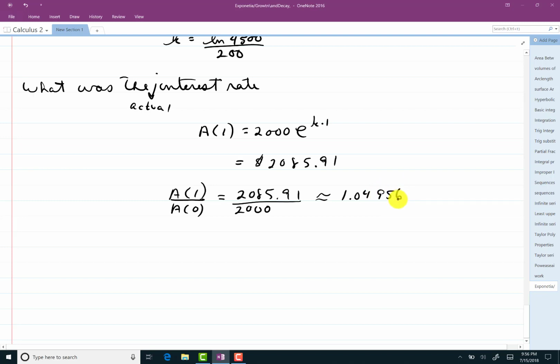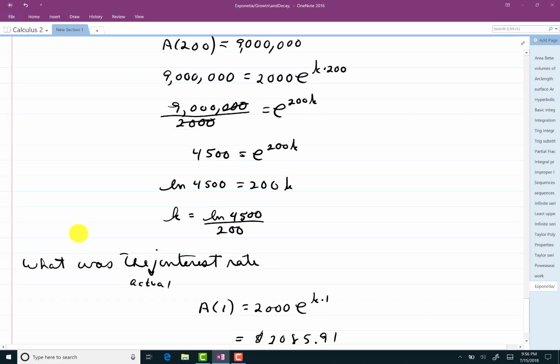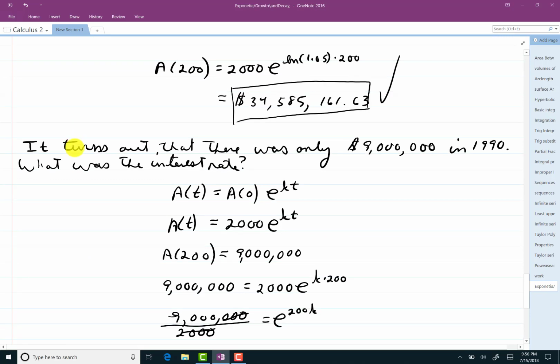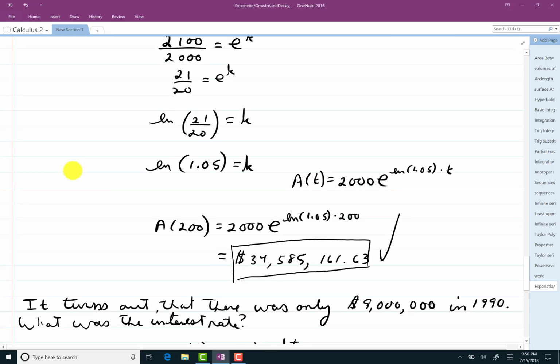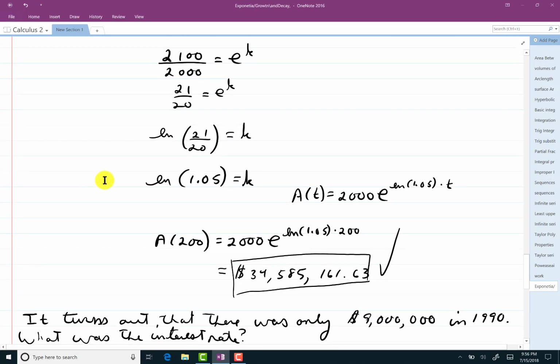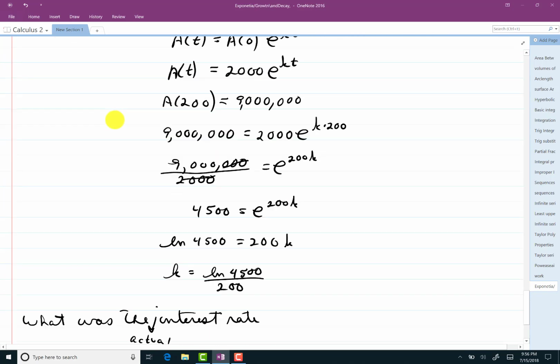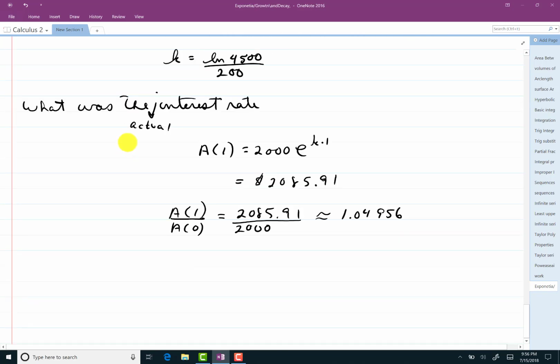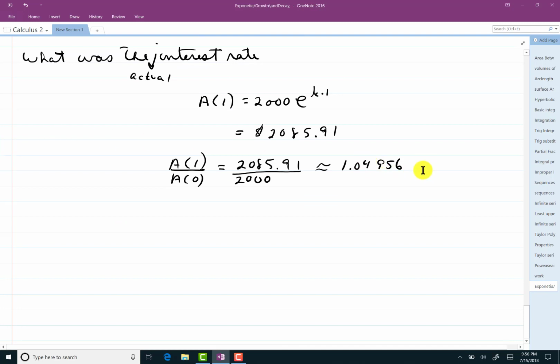So can you see what the interest rate was? Let me go up a little bit to one of the previous parts we looked at. Do you remember I told you the original problem had a 5% interest rate, and I looked at year 1 versus year 0, and I got 1.05, and there it is. After the 1 point, the rate is staring you in the face. So right there it is. That's the rate.